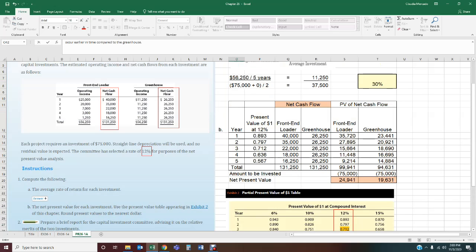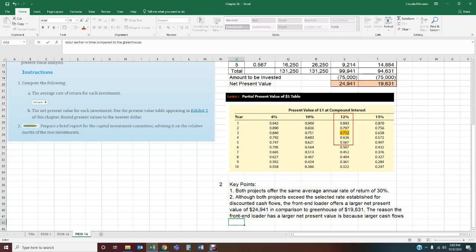If we looked at our cash flows, the front loader gets 40,000 the first year, while the greenhouse only gets 26,250. The second year, the loader gets 35,000 versus 26,250. So it's accumulating higher interest at the beginning of the investment. And then towards the end, it dwindles down, but the higher cash flow is coming in the first couple of years.